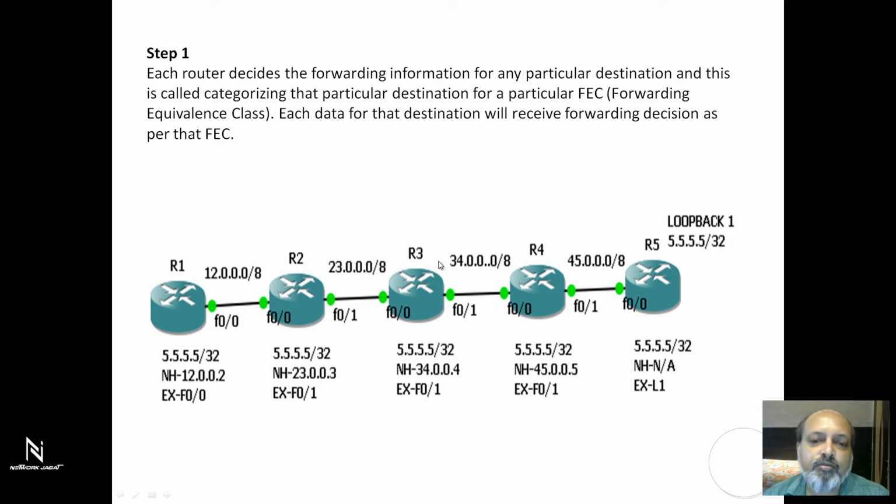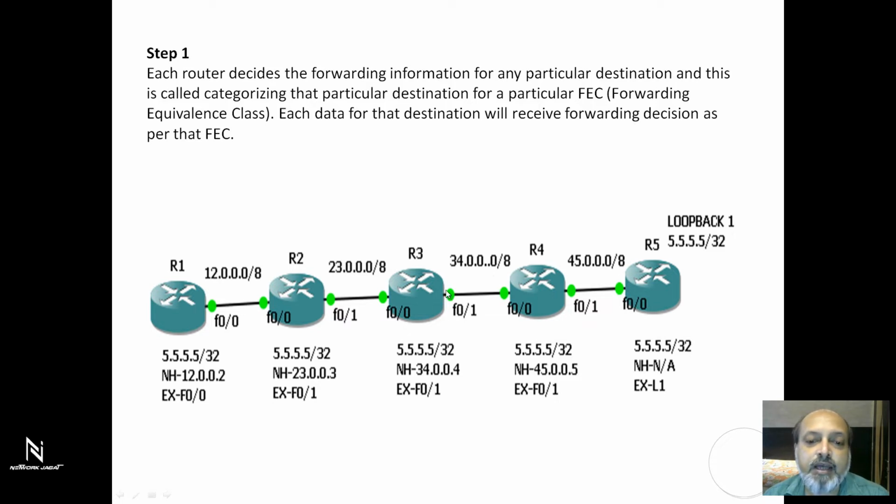Whenever I design any topology, I configure the network numbers in this way so that it becomes easy to understand and easy to remember. This network connects router 3 and router 4, so I have numbered it as the 34.0.0.0 network.